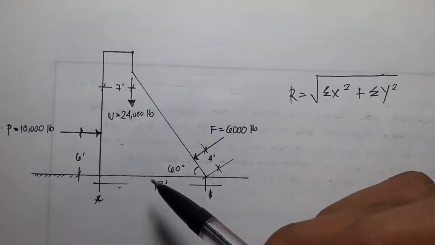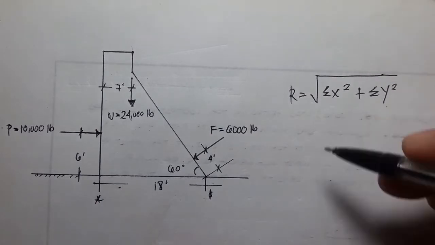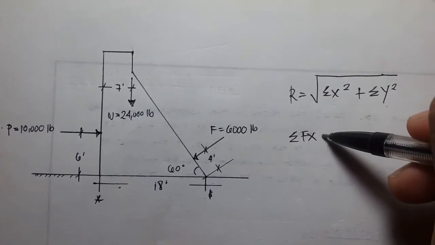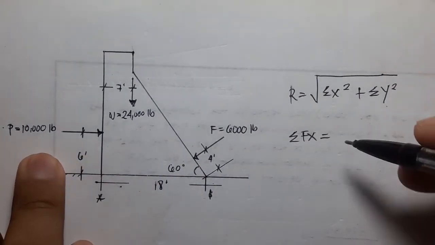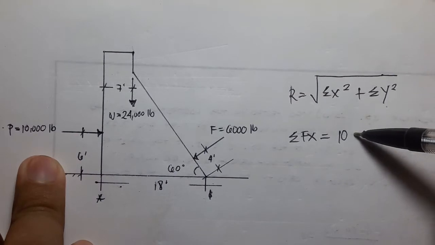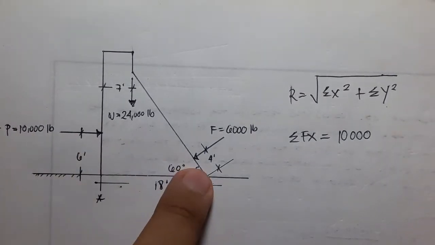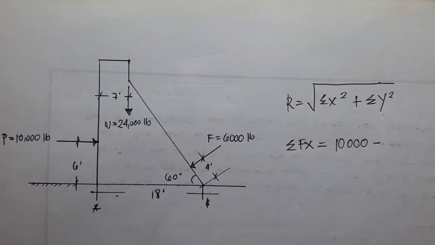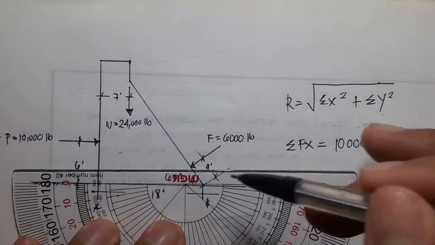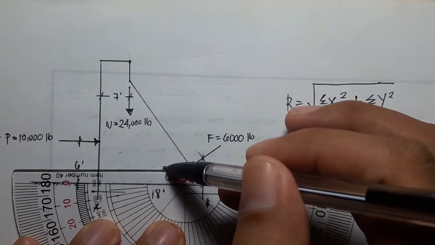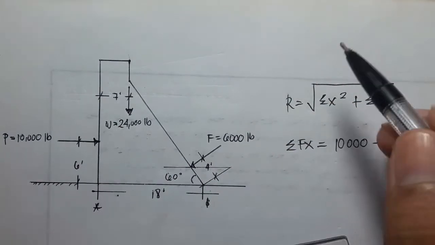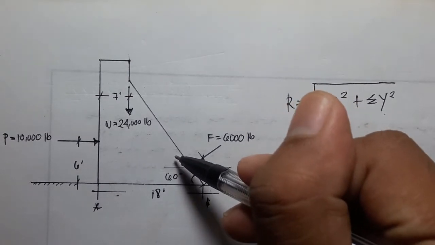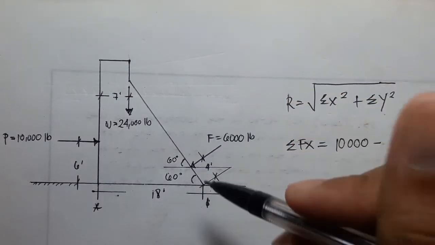First we would like to sum up forces along x. We have 10,000 here, positive, going to the right, then negative. So we would like to solve for the angle. If the angle here is 60, then obviously this is also 60.